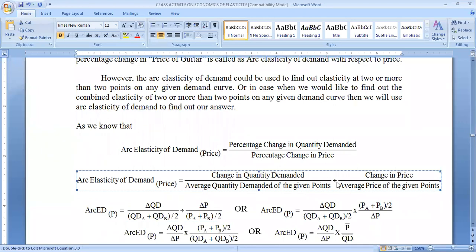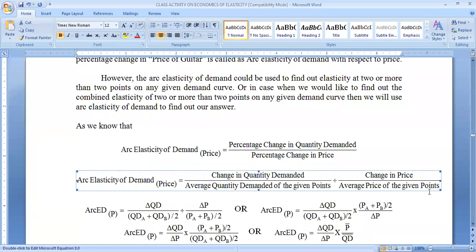Then percentage change in price can be written as change in price divided by price. But in case of arc elasticity, we will have change in price as it is, but in place of price we would have the average price of the given points.